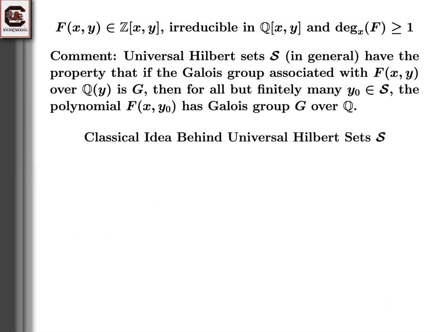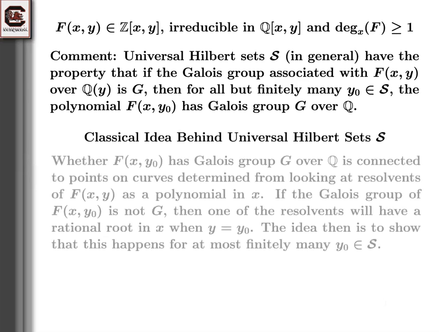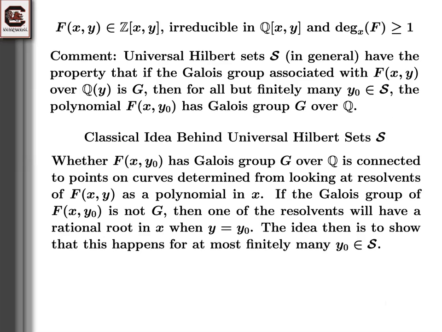So the classical idea behind universal Hilbert sets is the following. If you want to determine whether f of x, y naught has Galois group G over Q, where G is the same thing I talked about up here, the Galois group of f of x, y over Q of y, and you specify what y is, you look at what are called the resolvents of the maximal subgroups of G. I'm sorry, look at resolvents, there are polynomials in two variables, x and y.